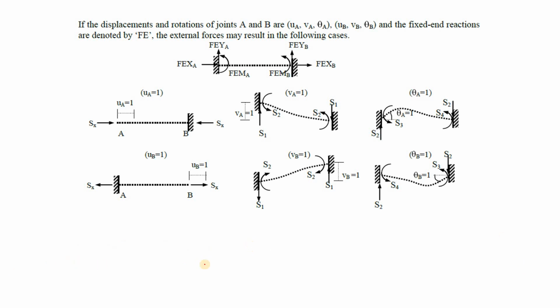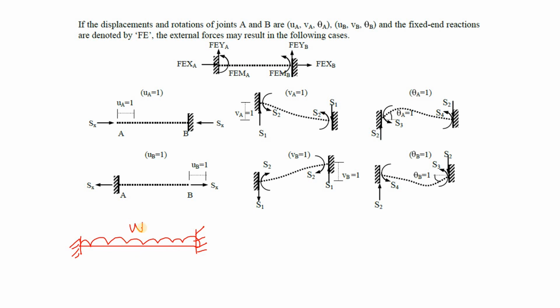Similar to the Hardy-Cross method, we have seen that if a member had some forces on its body, what we do is we convert those forces into fixed end support reactions. Meaning, if the member does not have any fixed ends, we're going to consider that there are fixed ends, and we're going to convert the load into fixed end support reactions.